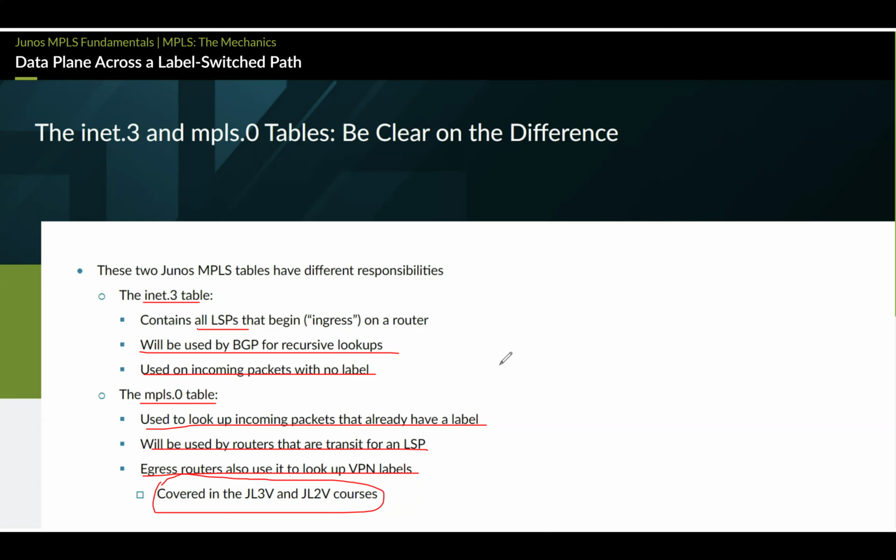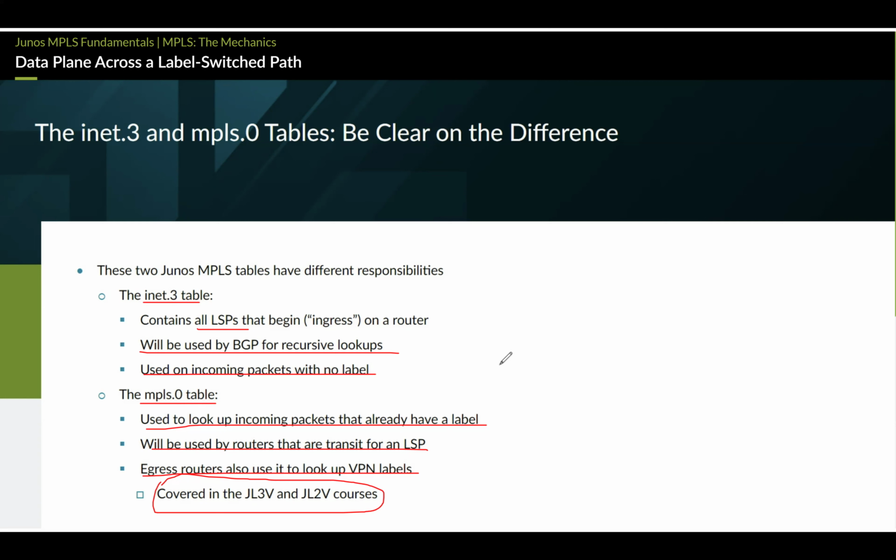Okay, so here in the MPLS domain, there are basically two tables. Number one is INET.3, another one is MPLS.0. INET.3 stores basically every LSP. And if you configure BGP, BGP will also use this table.